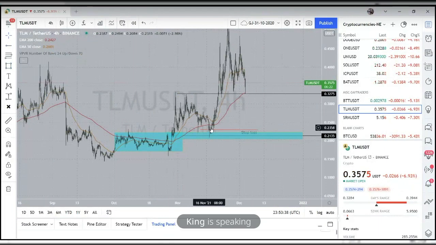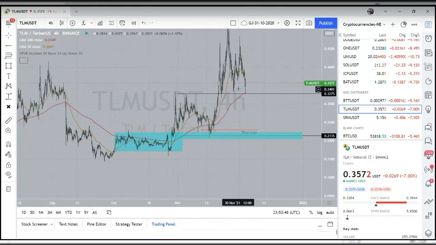So we were seeing price coming into this previous area of consolidation pump. A trend, we're also seeing this trend here forming.